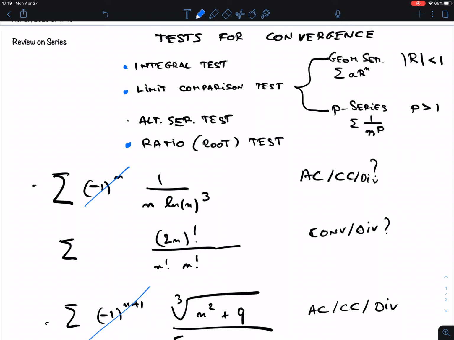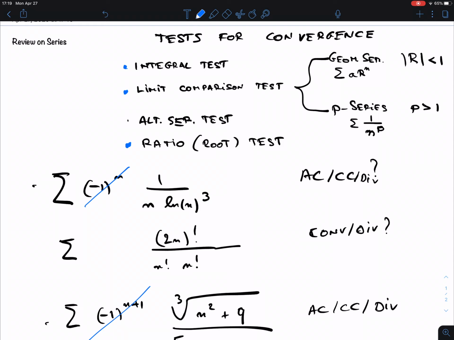I invite you to do it, but I'm not going to do it. If you do the ratio test, you get a limit that is equal to 1. And that is the one case you don't want in the ratio test. It's the only case that is so-called inconclusive. That's the bad thing about it.